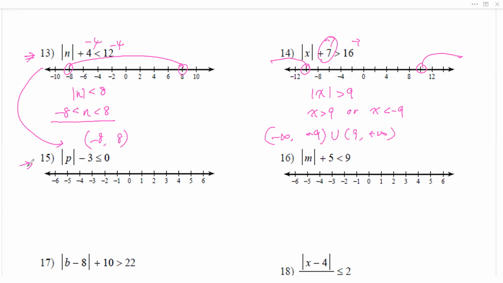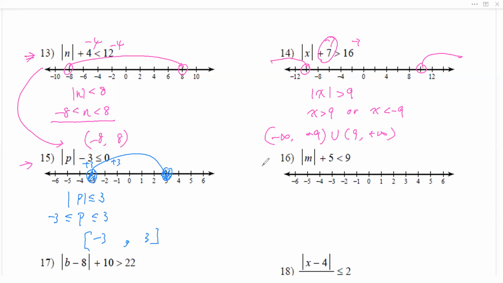Let's see 15. Actually both sides plus 3, right? So absolute p less than or equal to 3, right? So p is less than 3 and greater than -3. So in between 3 and -3, including, so -3, 3, right?